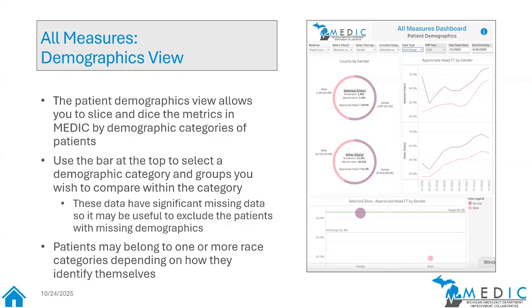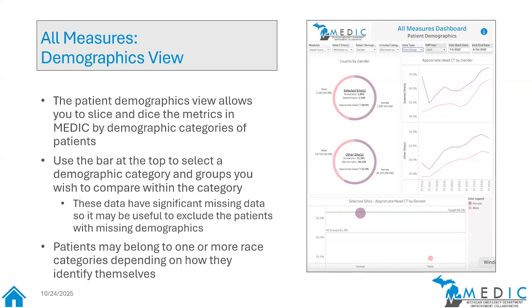Race is available in ways that are maybe different than you've seen in other dashboards or research. It is available in one of two ways. As you navigate to that page, hopefully no one's having too much trouble getting there, you can pull down that grouping category at the top.